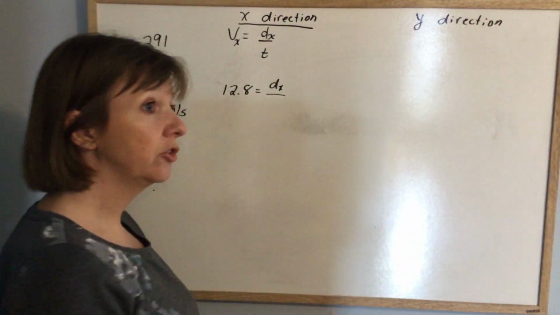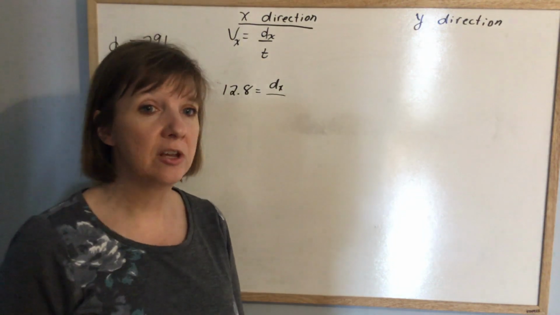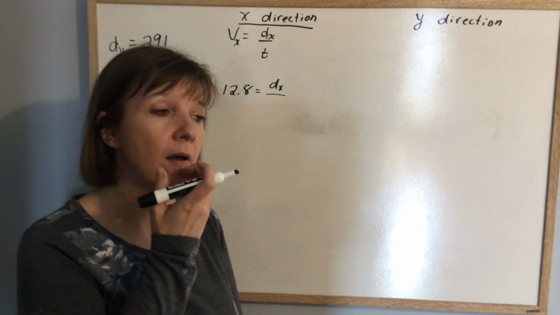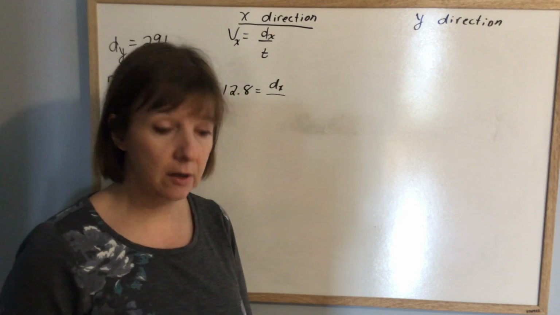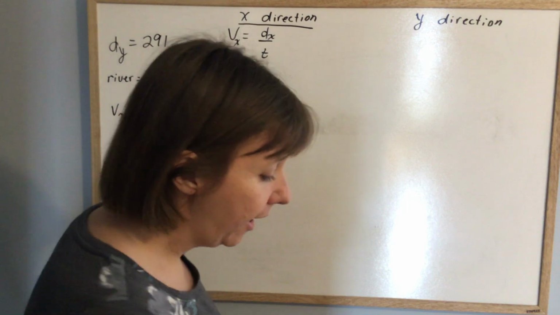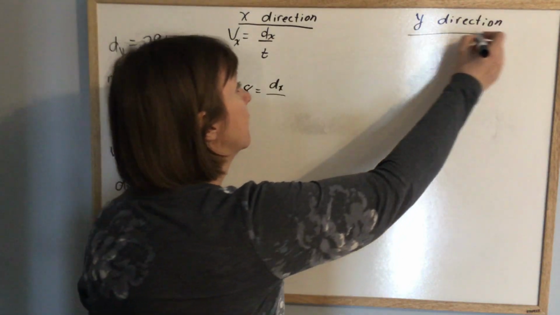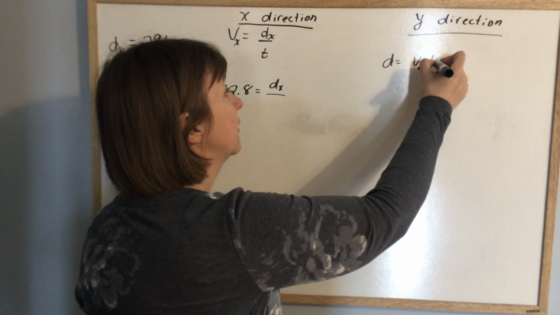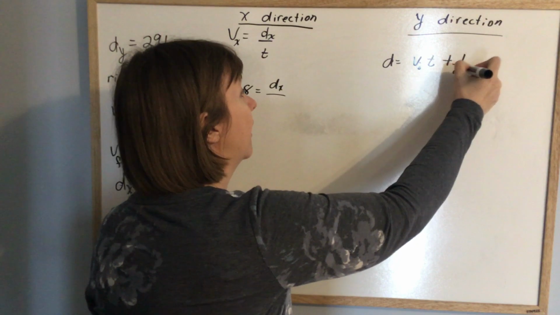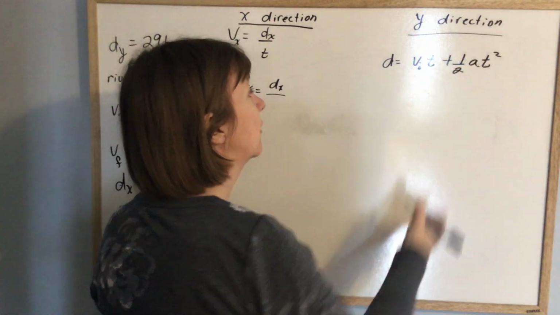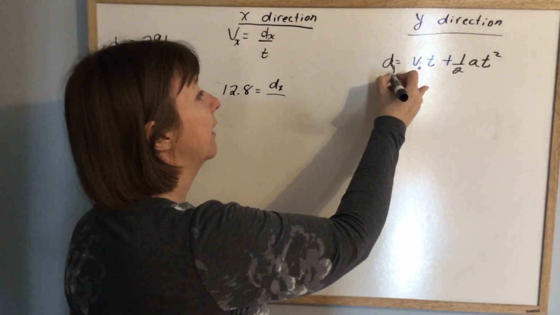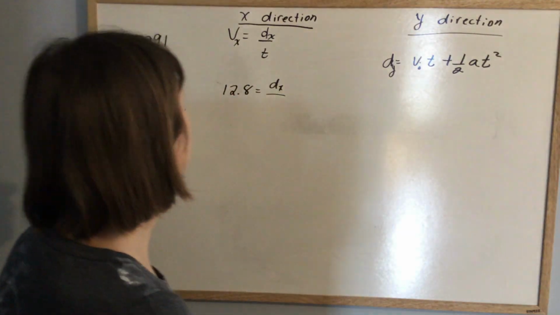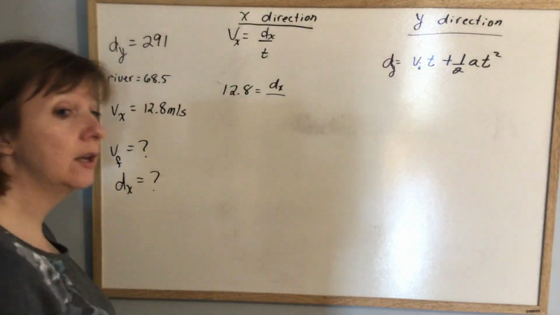But in the y direction, there is an acceleration. It is changing velocity because it's falling because of gravity. Gravity is pulling on it. So acceleration due to gravity is 9.81. So I happen to have this formula that says displacement is equal to initial velocity times time plus 1/2 at squared. So if I'm looking at this in terms of the y direction, my displacement in the y direction, I actually know that it's 291.